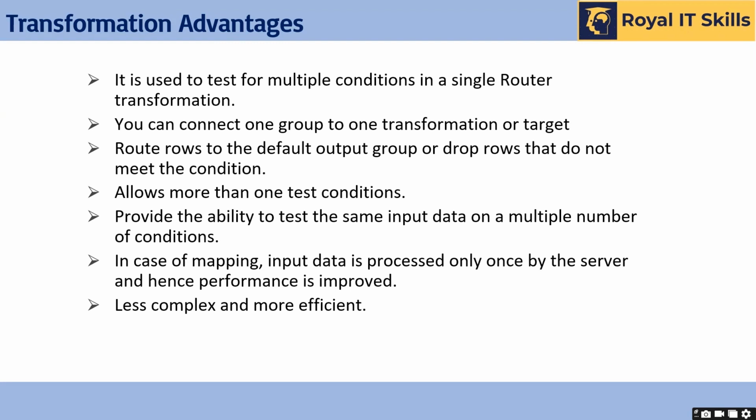What all we can do using router transformation: we can route rows to the default output group or drop rows that do not meet the condition. It also allows more than one test condition.